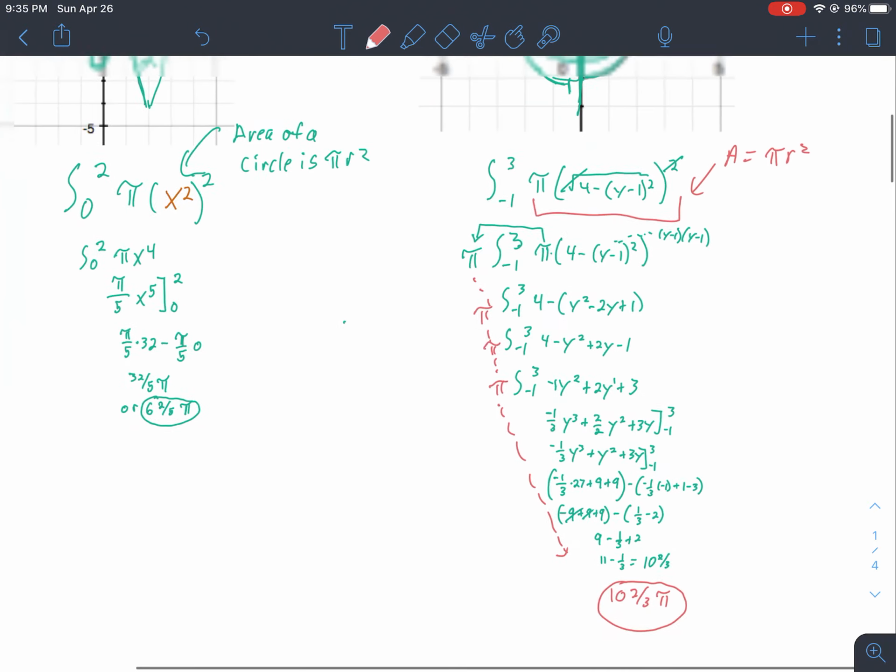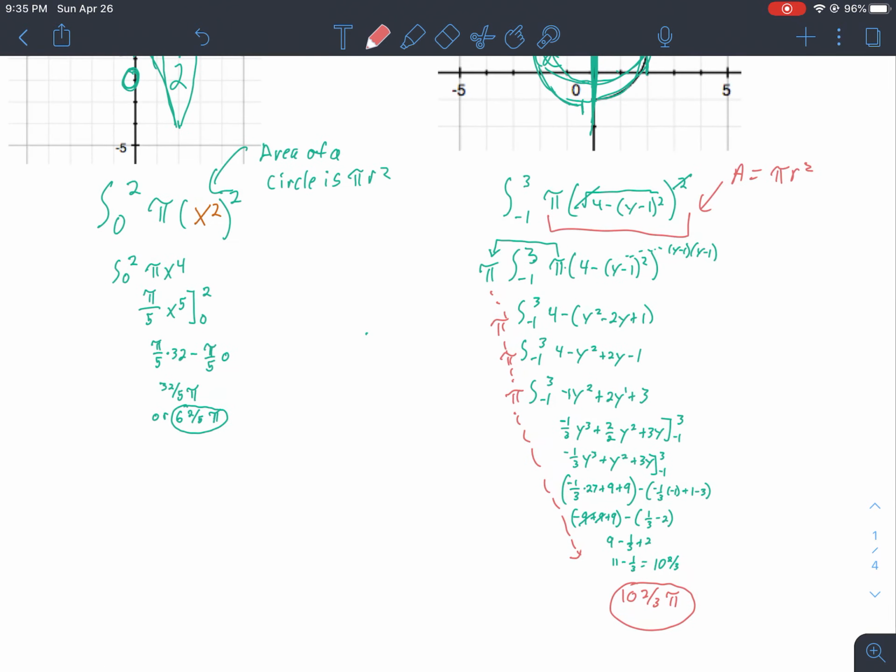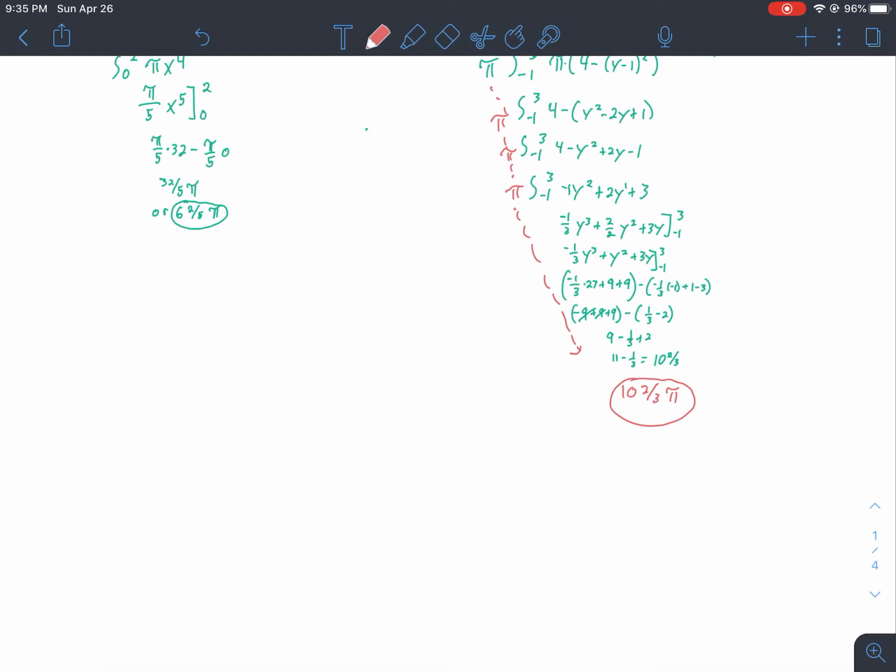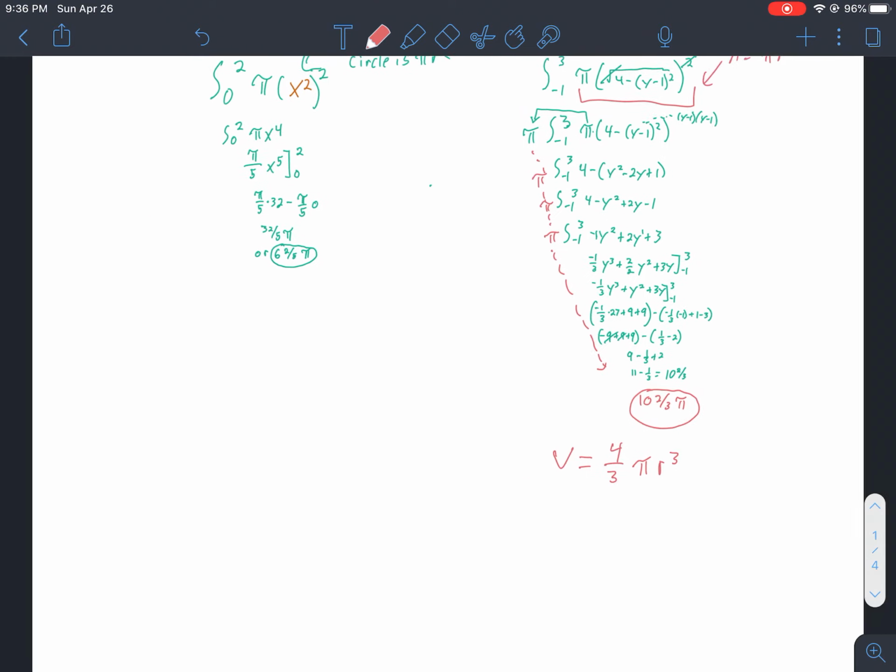Now, that was a bit of a doozy, and there's a decent chance I made a mistake. So since the shape is a sphere, I could use the formula from geometry to check my answer. The volume of a sphere, if I'm not mistaken, is 4/3 pi times the radius cubed. That's the formula from geometry.